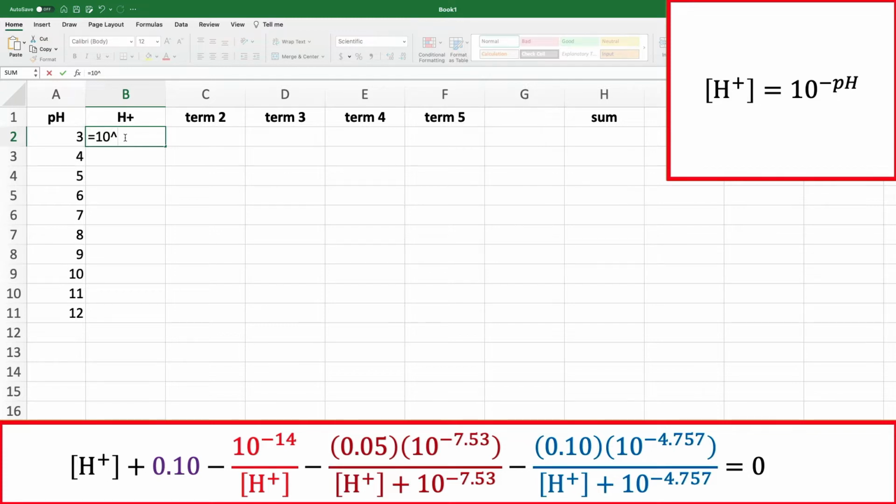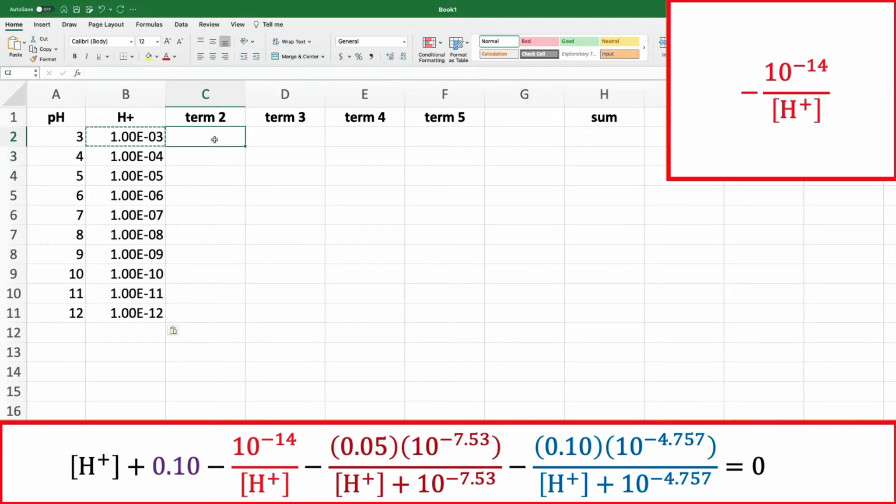And then I am going to put minus pH, so -1 times pH, and I'm just going to click on the cell with pH, close the parentheses. So this is 1 times 10 to the minus 3rd. And now that I have the formula in, I can click and drag it down.